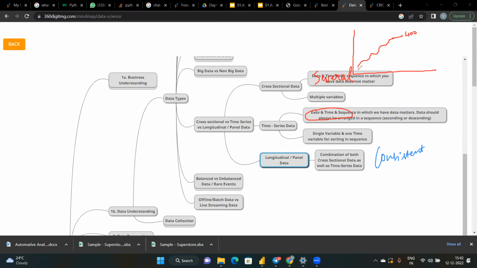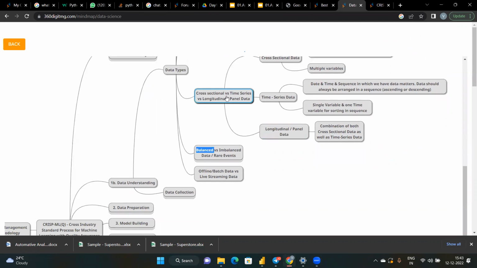So Bangladesh's scoring went like this, and it went like this, right? This is what is meant by longitudinal panel data, a combination of both cross-sectional as well as time series data. Okay, they were following this line, and comparison of both lines is known as a panel database. I hope it is clear now what is meant by cross-sectional, time series, and longitudinal panel data.